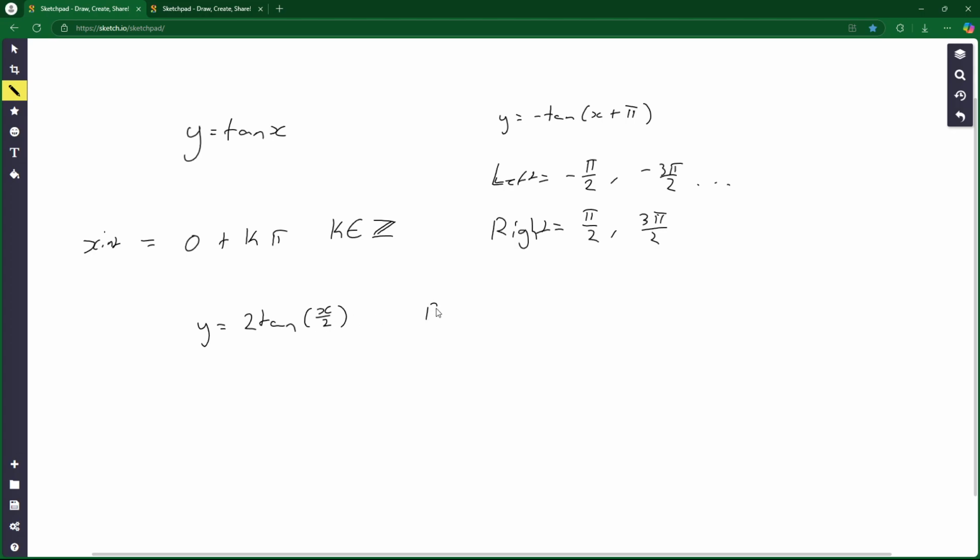Our b value here is going to equal 1 over 2. Period is just pi over b, so pi over 1 over 2 is going to equal 2 pi. And then again, if you divide pi over 2 by 2 pi, that's just going to give you, is that right?